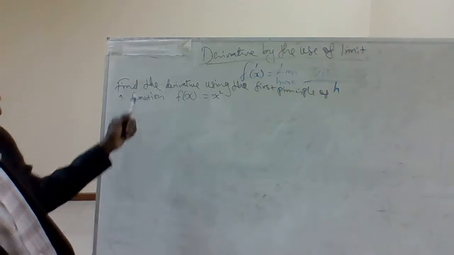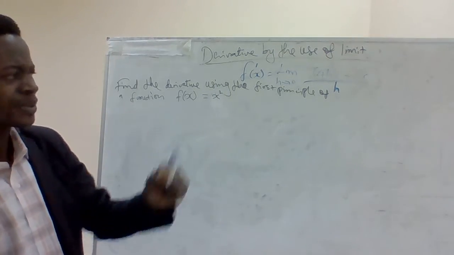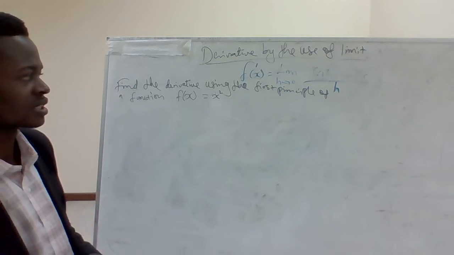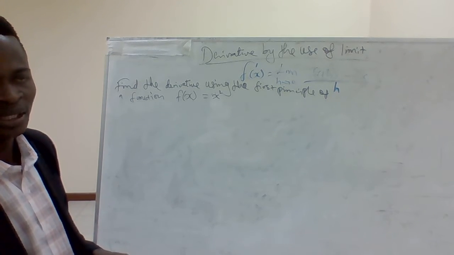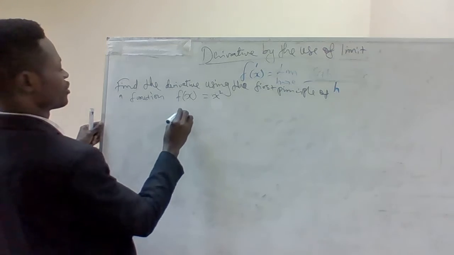So the question is find the derivative using the first principle of a function f of x is equal to x squared.